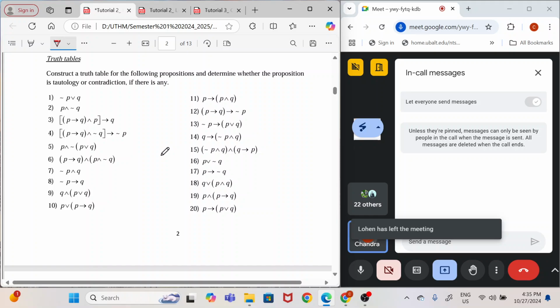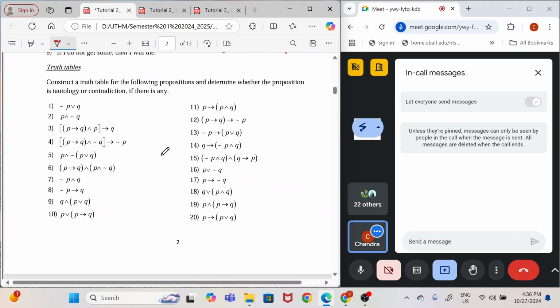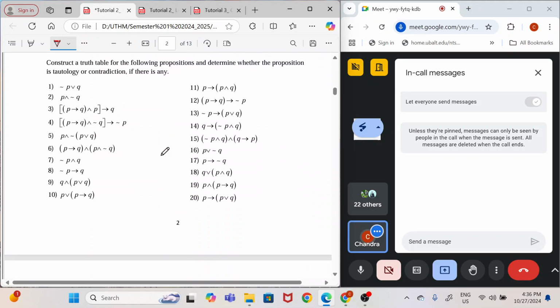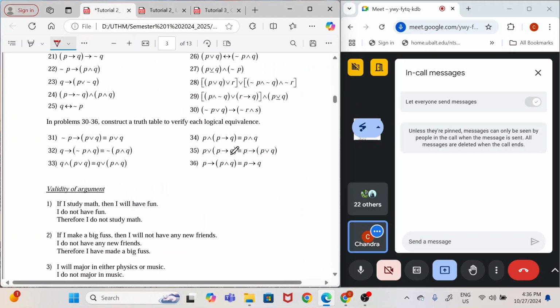Construct a truth table for the following proposition and determine whether the proposition is tautology or contradiction.